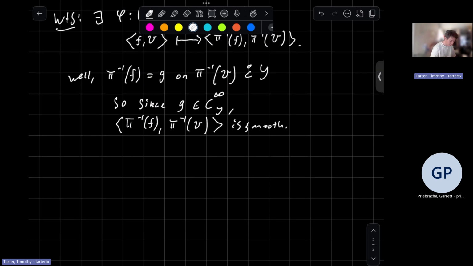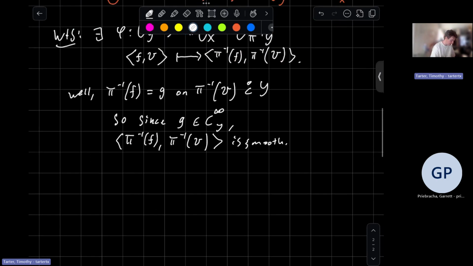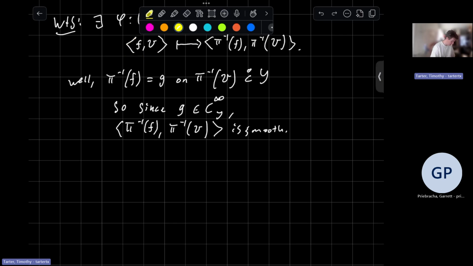And I guess the existence of f and u is for every p. Well, no, for every p in X, there exists u isomorphic to u prime, which is open in Rn.